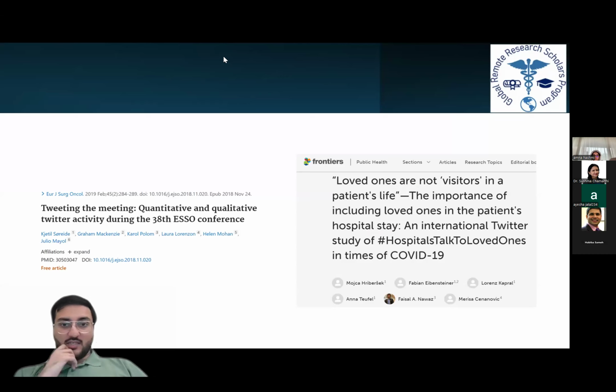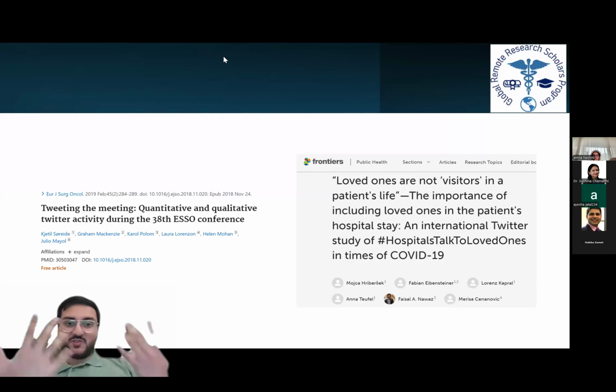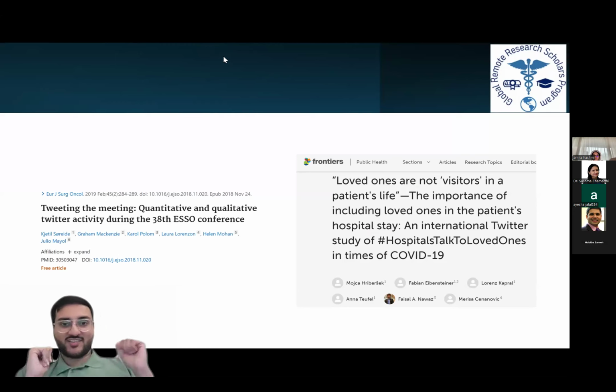So on my left side, you can see "tweeting the meeting," so quantitative and qualitative activity on Twitter during a certain conference. A conference can be seen as a campaign where you're often promoting insights, education, and then eventually gathering that data.